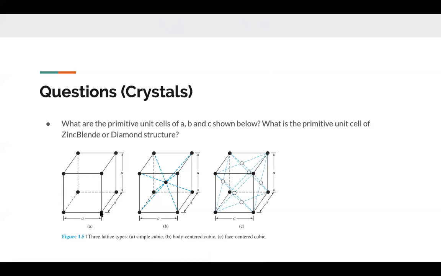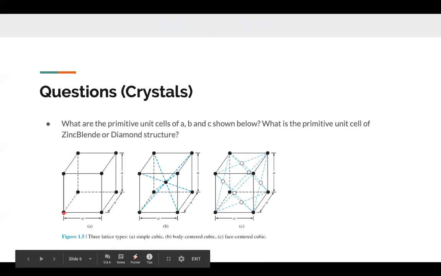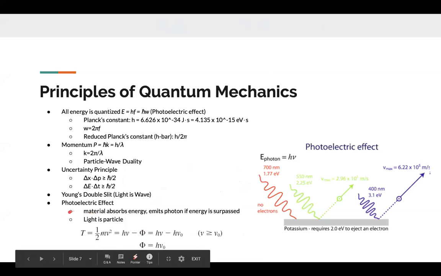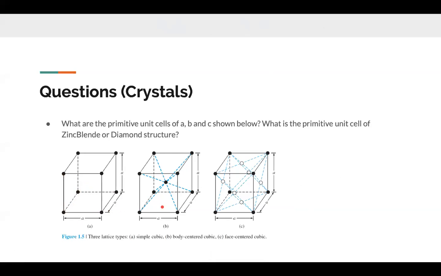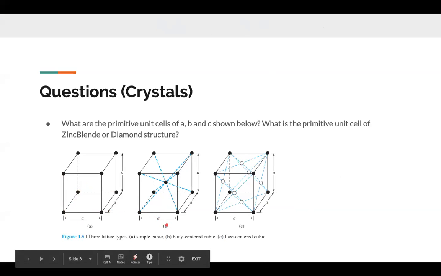Anyway, for the first one, this is basically your primitive unit cell. For the second one, it's basically the same thing as A. And for B, C, you can actually form the same primitive unit cell as A, which is kind of funny.